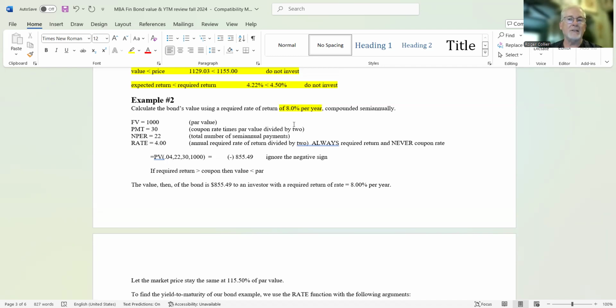In this case, the 8% required return is greater than our 6% coupon. That pushes the value 855.49 below par. All right. If the required is less than the coupon, then the value is greater than par. If the required is greater than coupon, then the value is less than par.